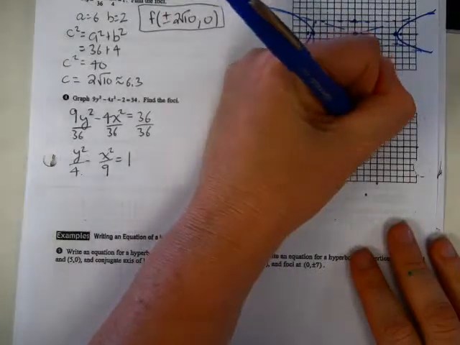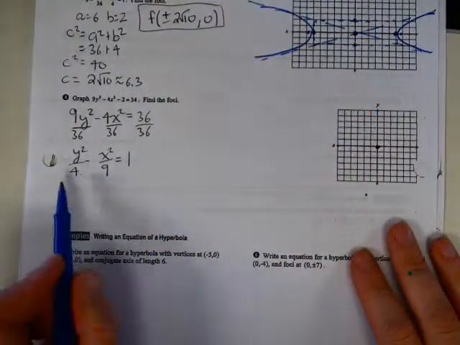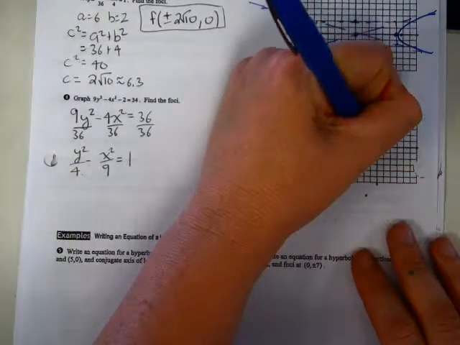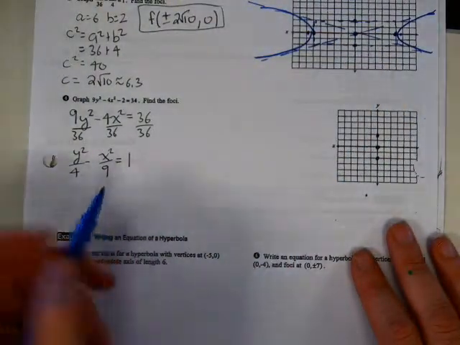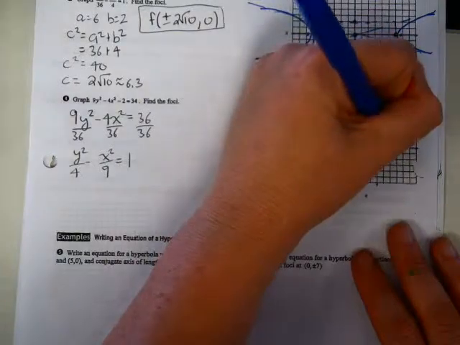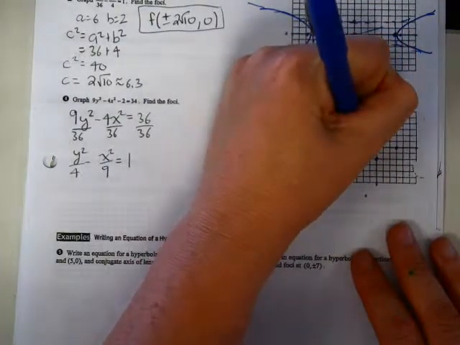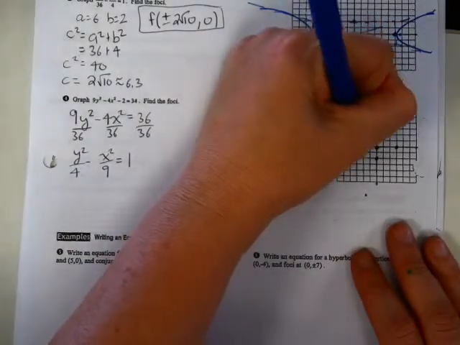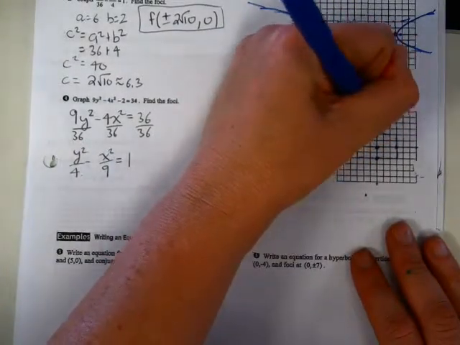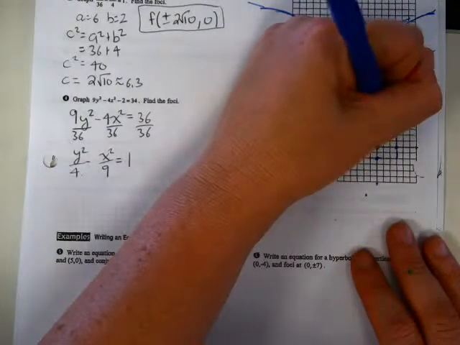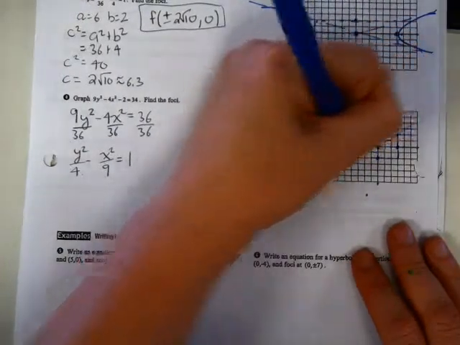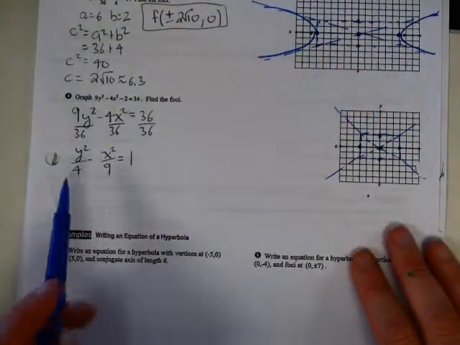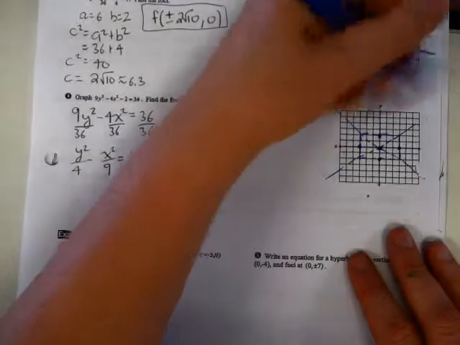So center at 0, 0, 2 units in the y direction, 3 units in the x direction, and I'm going to graph my hyperbola. Okay, vertical transverse axis.